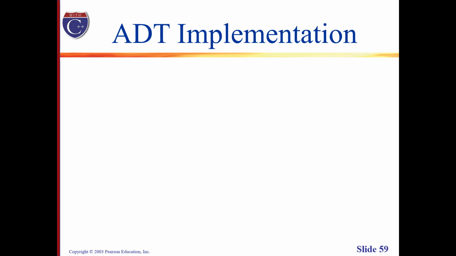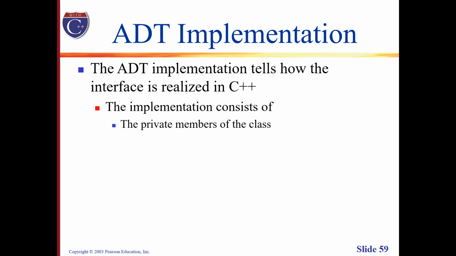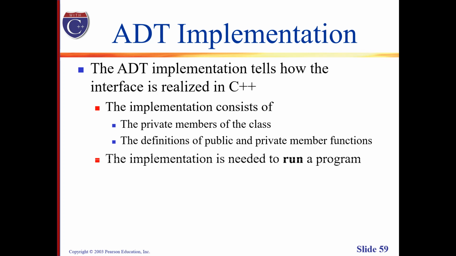So how do we do the ADT implementation? The ADT implementation should tell us how the interface is realized in C++. This consists of the private members of the class and the definitions of public and private member functions, and the implementation is needed to run the program.